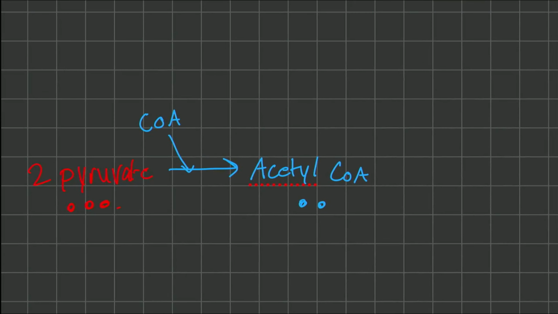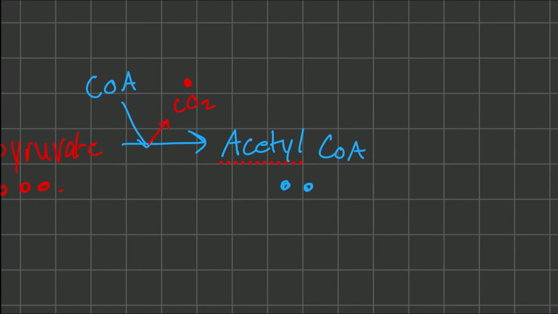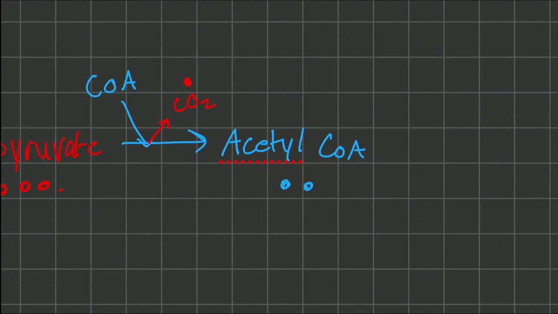We're going from 3 to 2 carbons. Where is that released? It's released in the form of carbon dioxide. So carbon dioxide is a 1-carbon molecule, and it makes sense, right? Because we have 3 initially, and we're releasing this 1-carbon molecule to turn it into a 2-carbon molecule known as Acetyl CoA. So acetyl coenzyme A, if you want to call it.